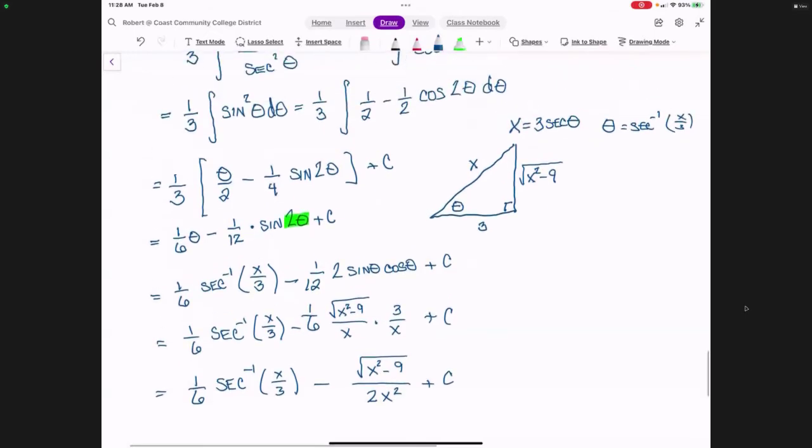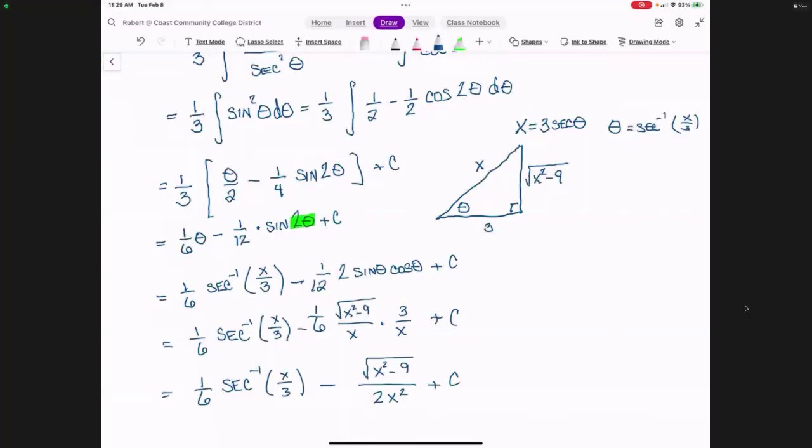Right. Since x is equal to 3 secant theta, the secant of theta is x over 3. So you just draw a right triangle that has that in it.